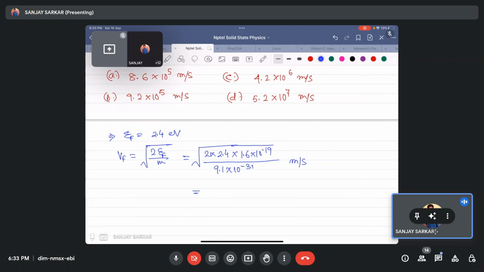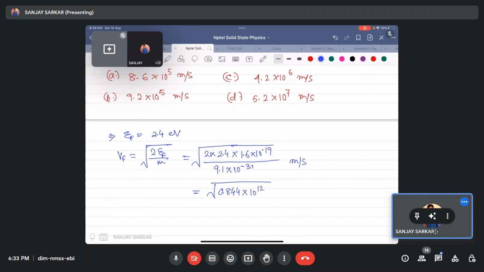I haven't calculated this, but you can definitely calculate it. So let me do the calculation. 2 into 2.4 into 1.6 divided by 9.1 is 0.844, so it is the square root of 0.844 into 10 to the power 12, sorry, not 11, 12.